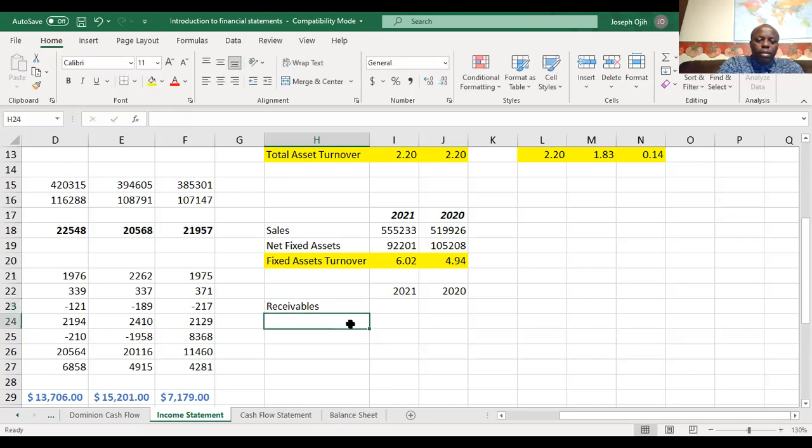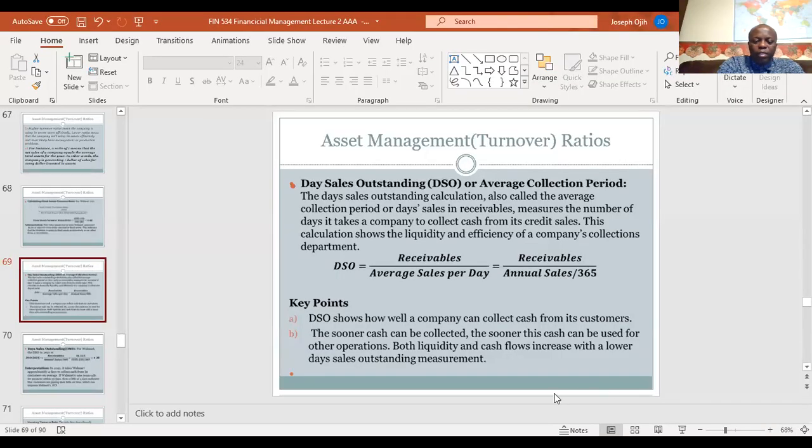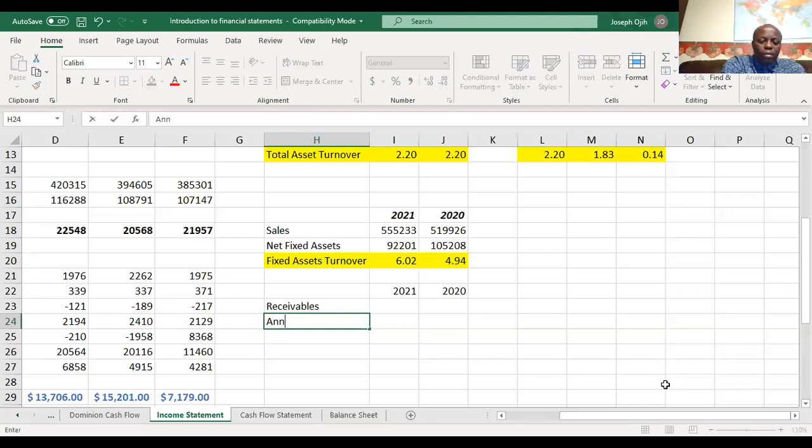Then after receivables, we have our annual sales divided by 365. Just one minute. We have annual sales. Then the number of days.